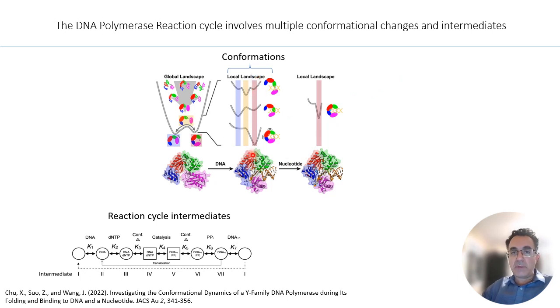Once nucleotide binds into the active site, the proper nucleotide, one of these three conformational substates is going to be further stabilized. And what we see is that the cycling of the DNA polymerase enzyme through these various intermediates, with two major conformational changes occurring in each reaction cycle, essentially helps to facilitate various aspects of its function.